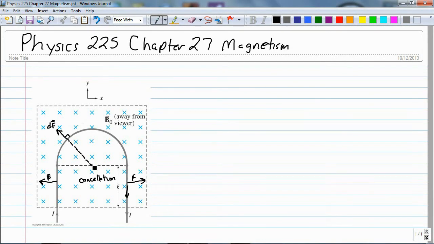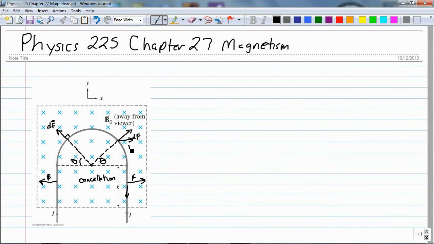And if I go to the exact opposite on the other side, so that this angle is theta and this angle is theta, I'm going to have the same differential force as I had on the other side. Now let's look at the components.